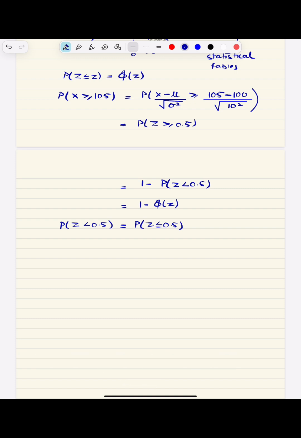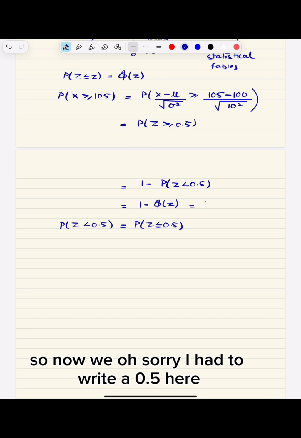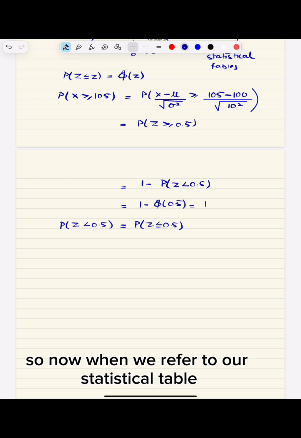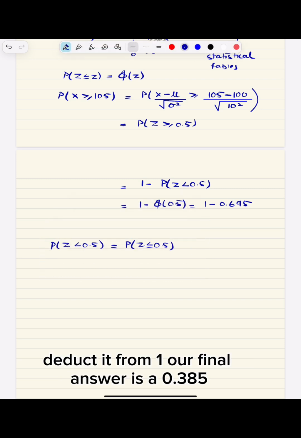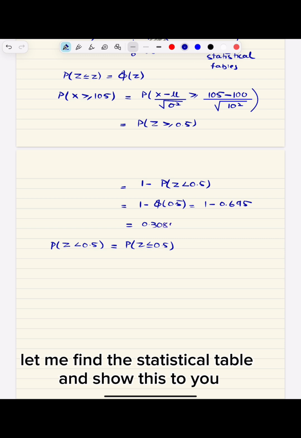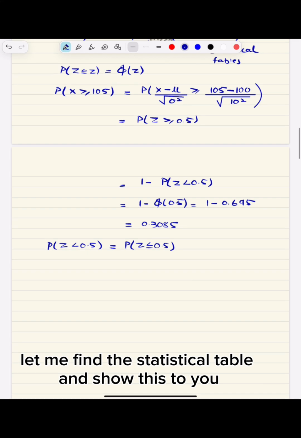So now I had to write 0.5 here. When we refer to our statistical table, the value which will come is 0.695, and when we deduct it from 1, our final answer is 0.385. Let me find the statistical table and show this to you.